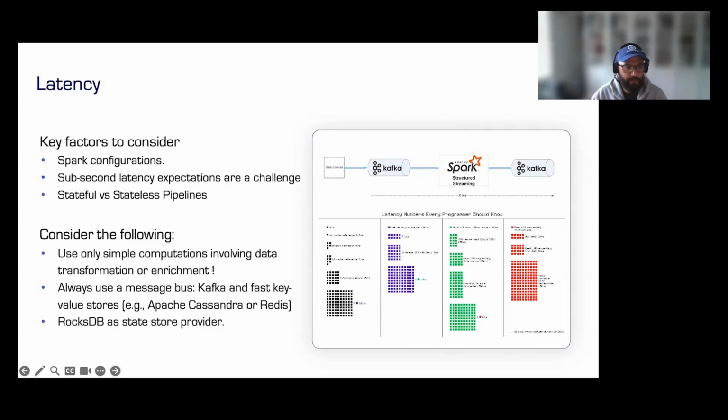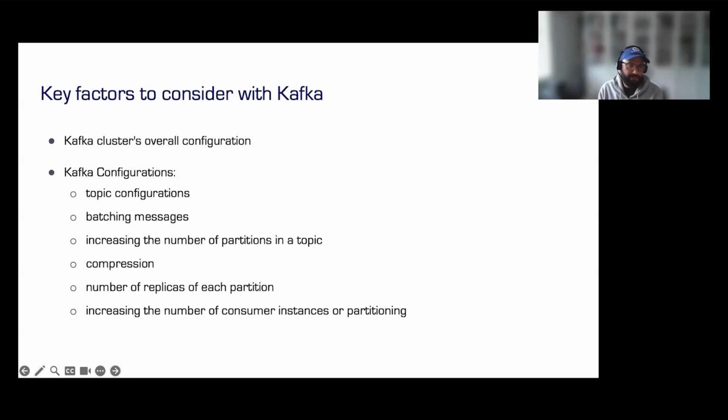And for stateful pipelines, at least for Spark, we recommend you use RocksDB as a state store provider instead of HDFS. Key factors to consider with Apache Kafka: you combine it with Spark for a machine learning platform, a real-time machine learning platform.